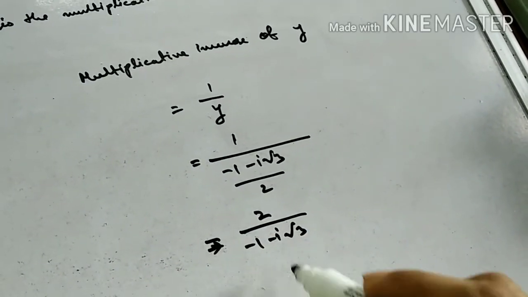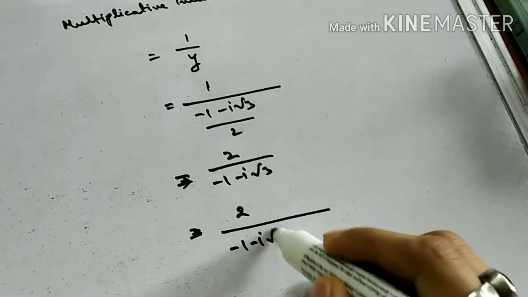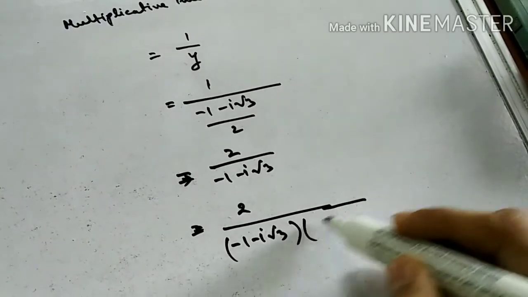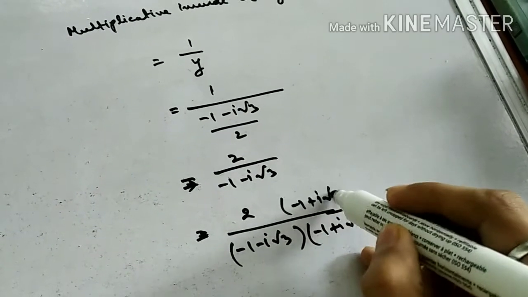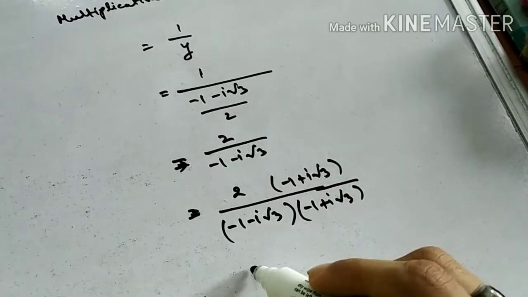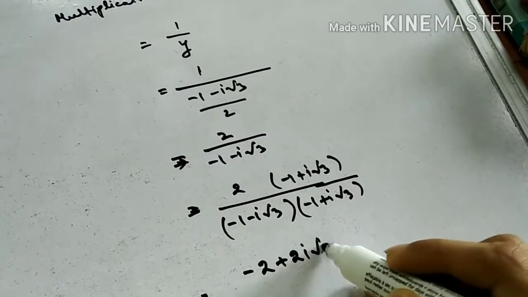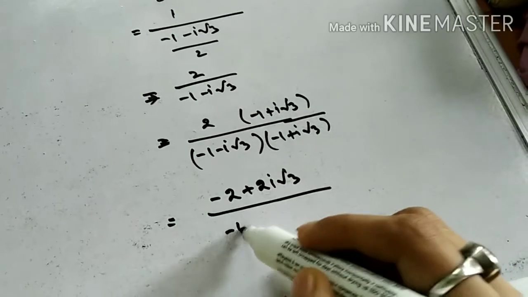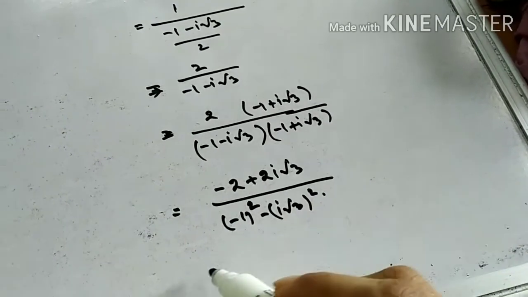So in here what I will do, multiply by minus 1 plus i root 3 in numerator and denominator. So this becomes minus 2 plus twice i root 3 by, this becomes minus 1 whole square minus (i root 3) whole square.